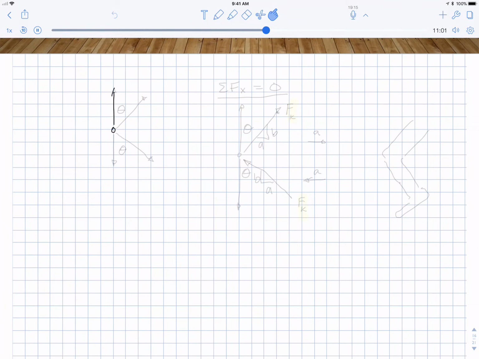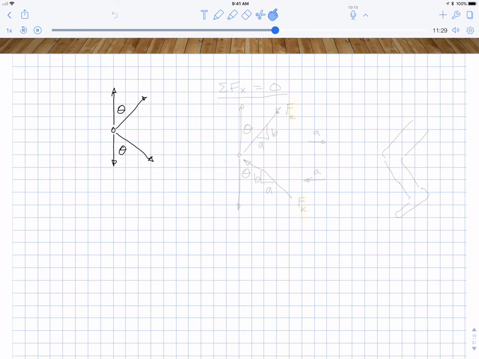You have the upper member, the lower member, one of the knee members there, and the other knee member. In this derivation, we're going to assume that these 2 angles are equal. You can apply this concept for unequal angles, but for simplicity and for this class, we'll just say that the upper angle and lower angle in this K truss are equal.